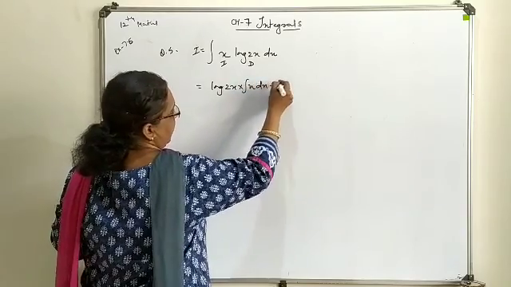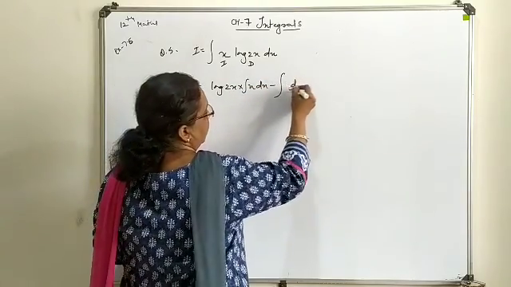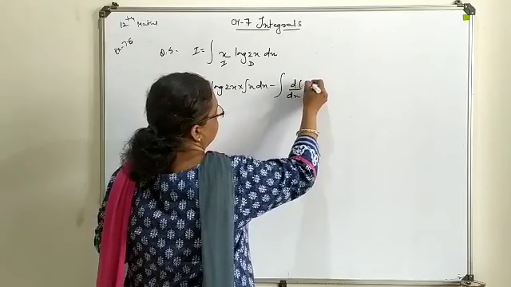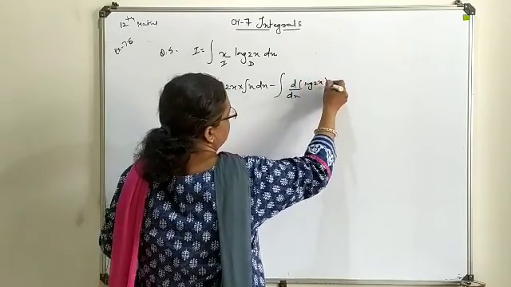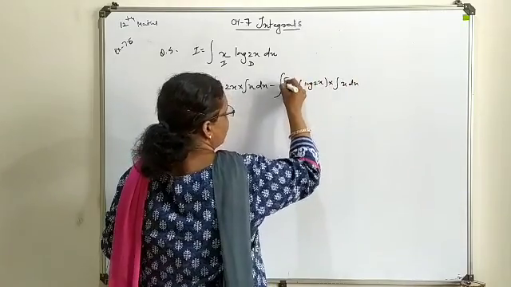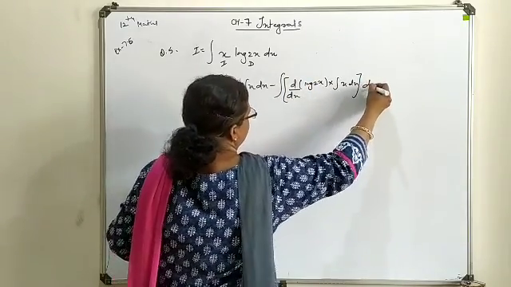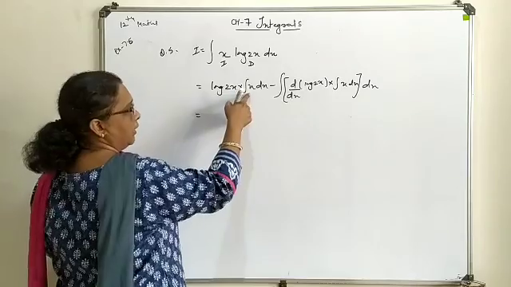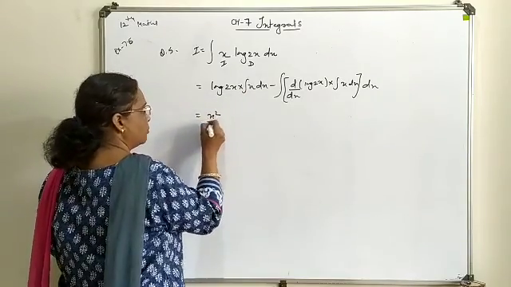Integration of x minus is compulsory. Differentiation of log of 2x into integration of x with respect to this integrating term, this is your dx. Integration of x is x square by 2.